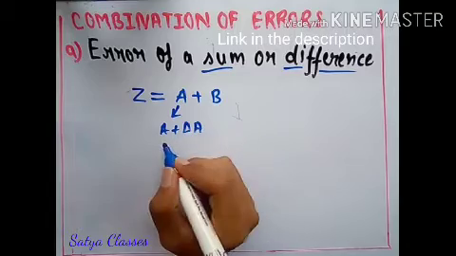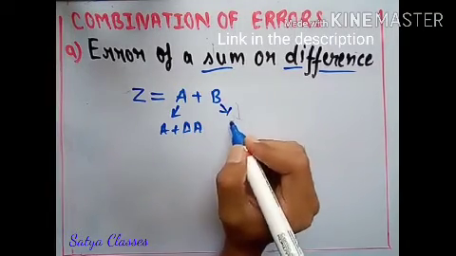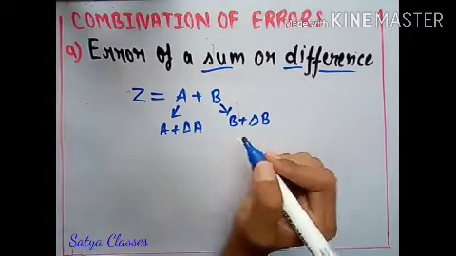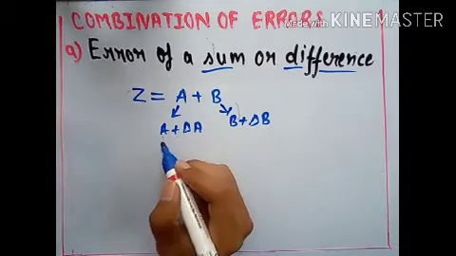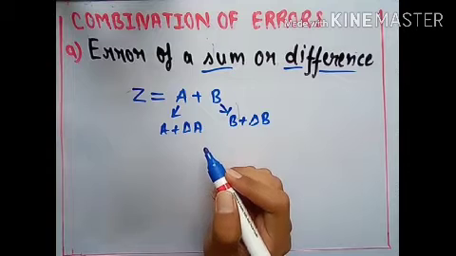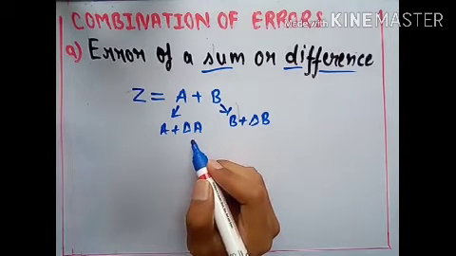So the measured value of a is a plus delta a and measured value of b is b plus delta b. Do you understand why I am writing these values like this? Yes, of course, where a is the mean value and delta is the absolute value. Understand? This is absolute error, delta a.